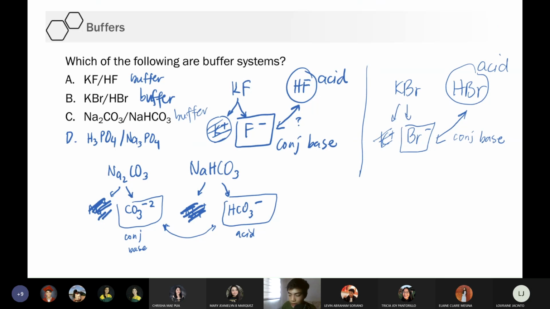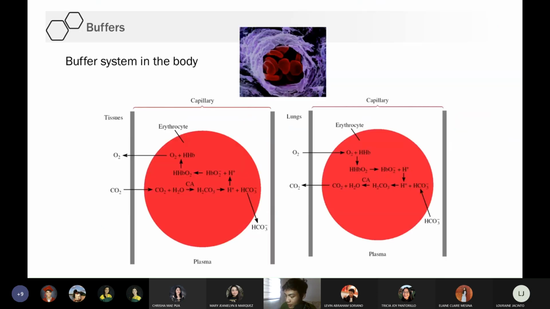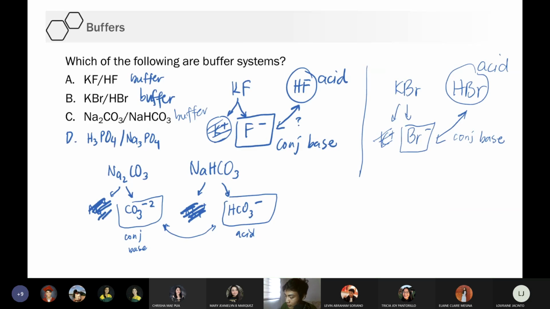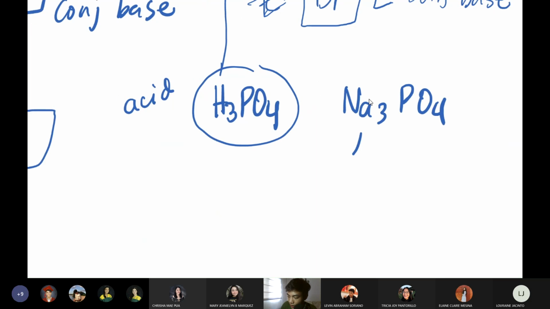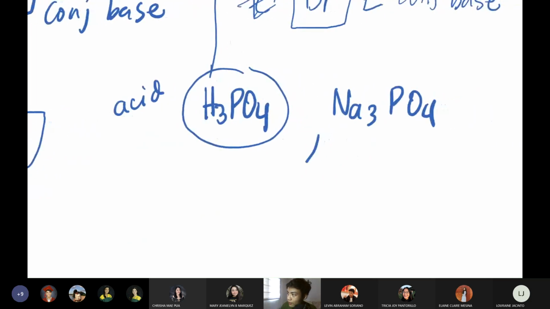How about letter D? Buffer system kaya ito? Obvious naman, yung H3PO4, this will be our acid. Tapos ito yung salt. Tignan natin kung anong ions magagawa natin dyan.